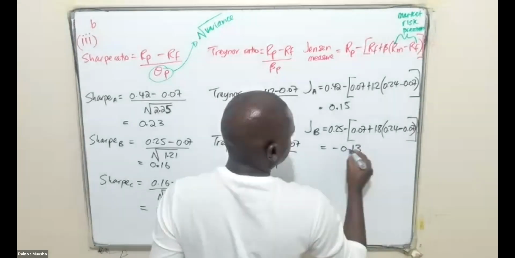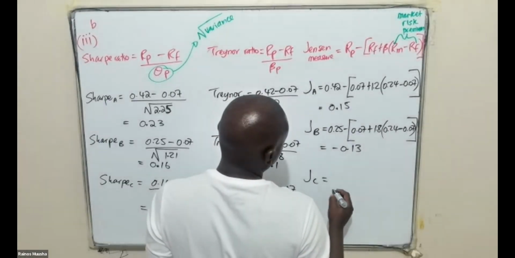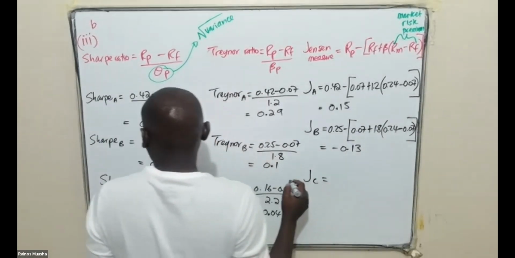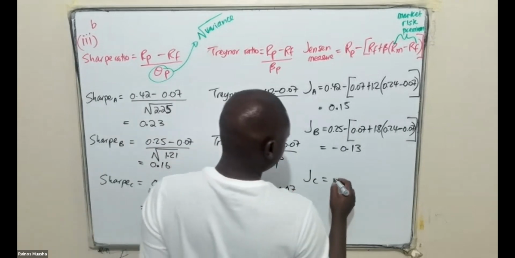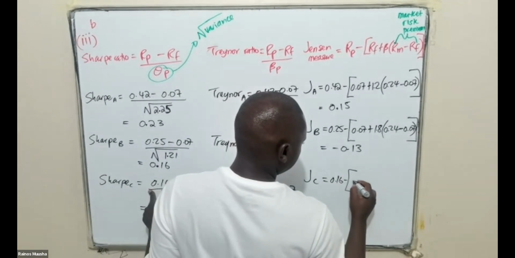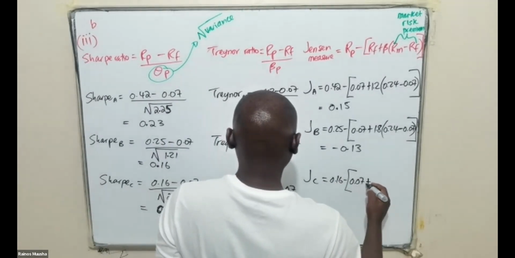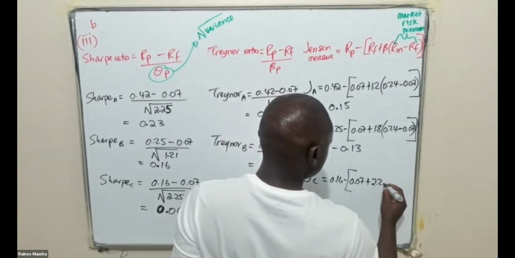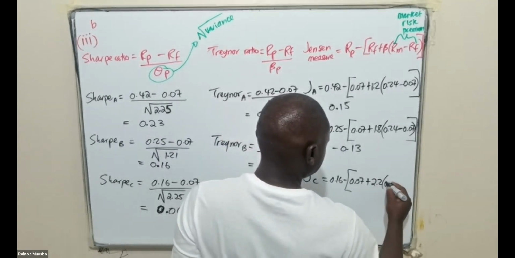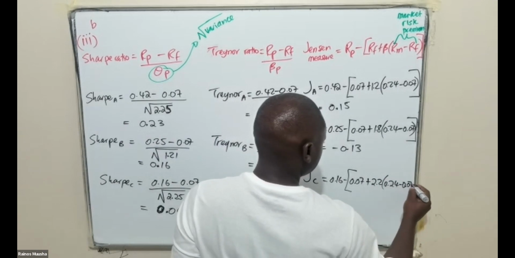Negative 0.13. And then your Jensen measure for portfolio C: your return of the portfolio is 0.16 minus your risk-free rate of 0.07, and your beta for portfolio C is 2.2 multiplied by 0.24 minus 0.07.